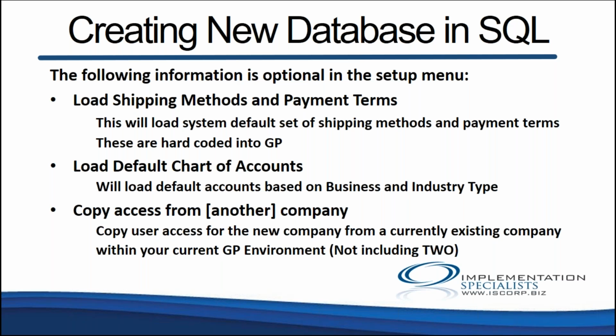Like I said, this is just for record-keeping purposes. It's separate. If you select this, it'll prompt you which company you want to copy the access from, and then it will copy it over for you. Please note that it will not let you do it for the Fabrikam Test Company, TWO, which would be the database acronym for the World Online. But it will work for any other databases, including any test databases you may have in your system.